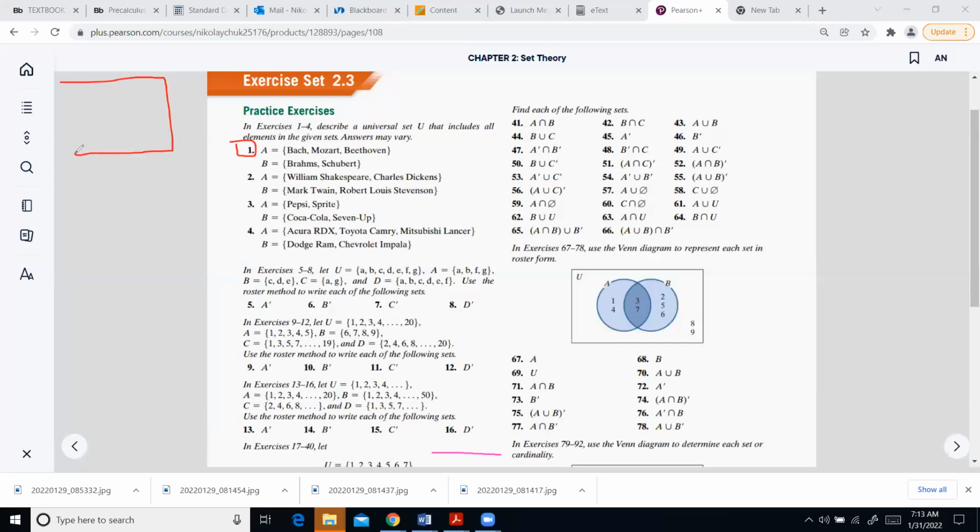So we have a whole bunch of composers. The first has 3: Bach, Mozart, and Beethoven. So that's the first set. And the second set consists of 2 other totally different people.